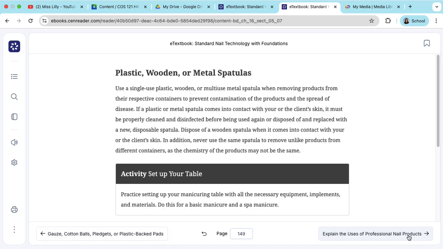Plastic, wooden, or metal spatulas are used to remove the product from the container so you don't contaminate the product that is left behind. So you will not scoop some lotion out and then say, I have leftovers, let me put it back. No, once it's removed, it doesn't go back to the original container.